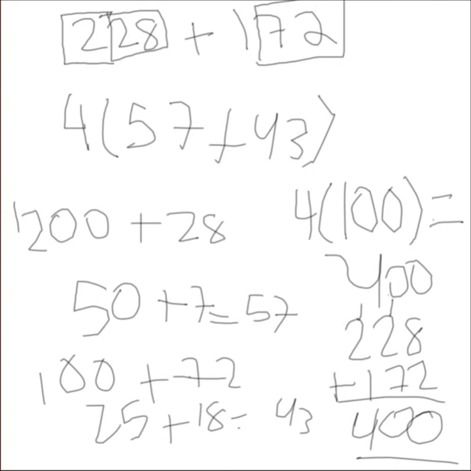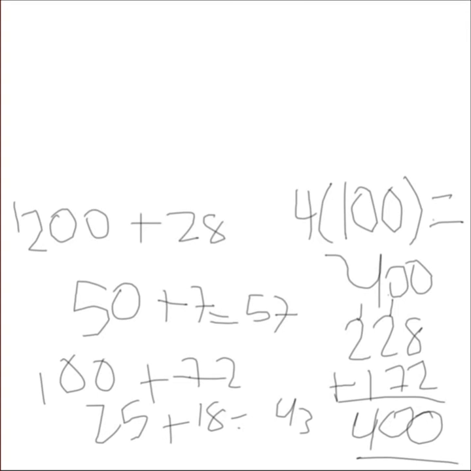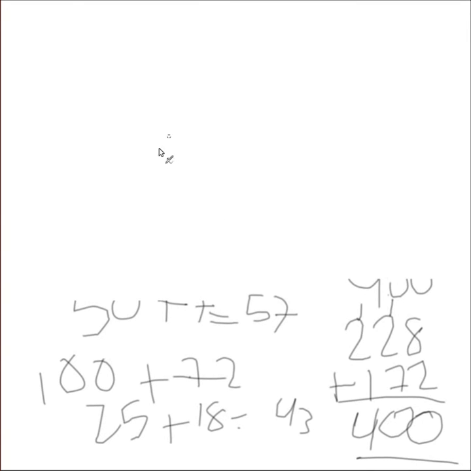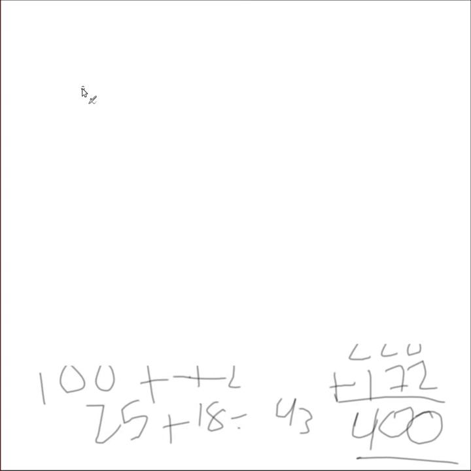Alright, so let's do one more example the other way around. So let's say we have 5 times 90 plus 7. Two ways we can go about this.